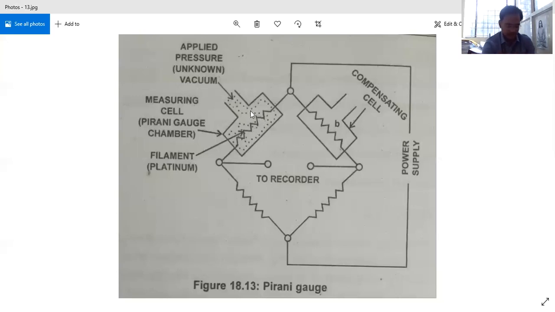When the density is higher, the thermal conductivity will be higher. So heat will get dissipated from the filament into the gas. It will absorb the heat at a faster rate from the conductor. That's why it is said that the conductivity will be higher. Then higher conductivity will reduce the filament temperature. The resistor we are having will reduce in its temperature.